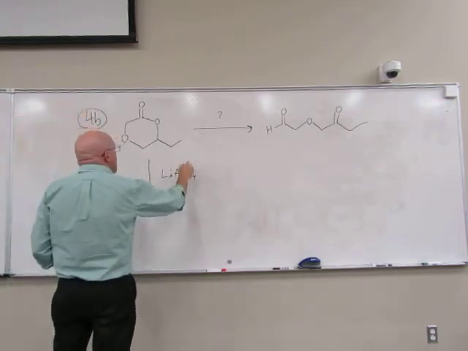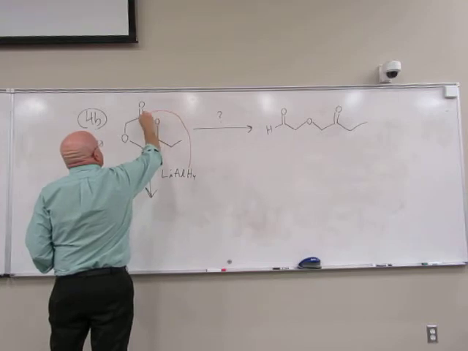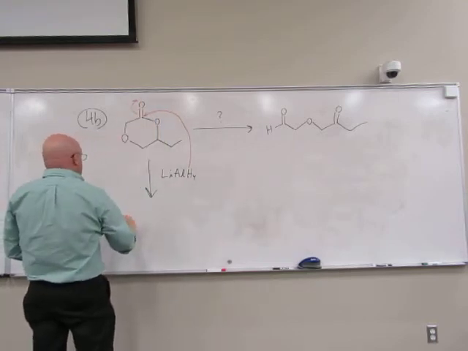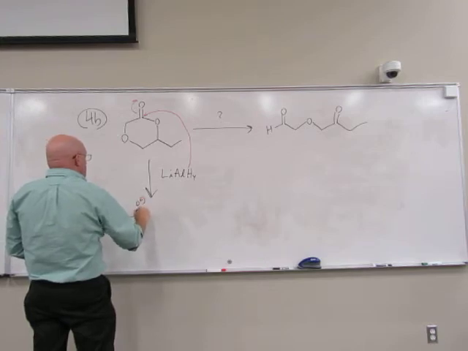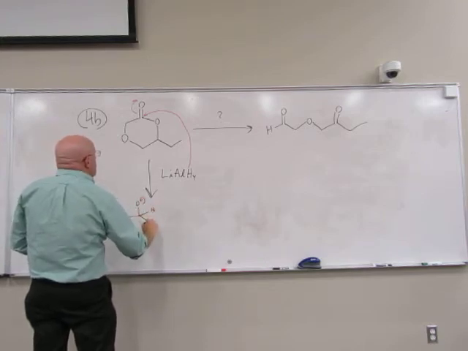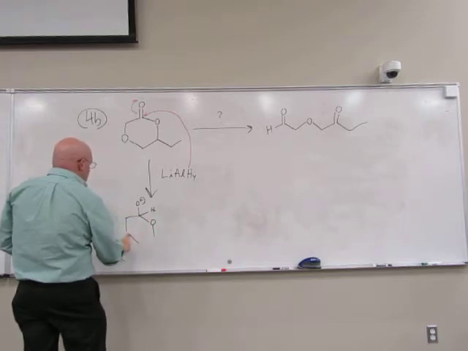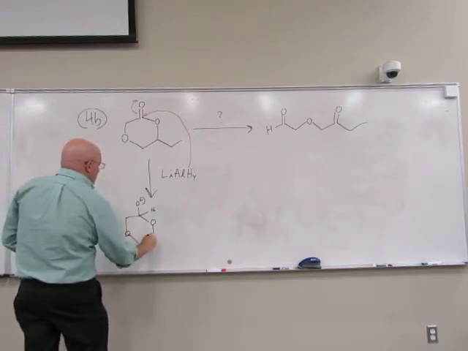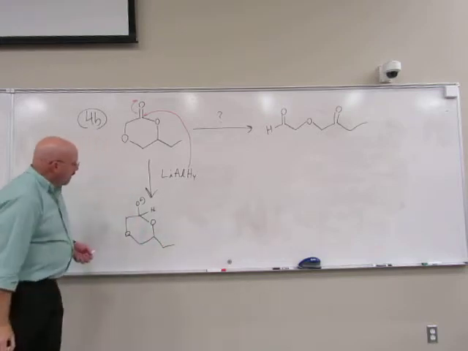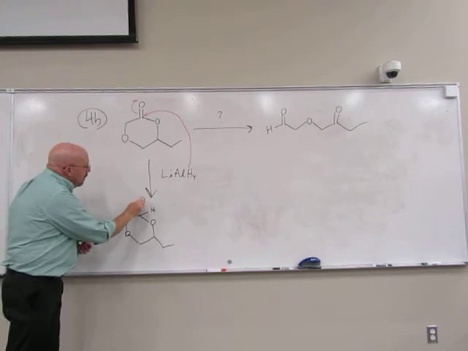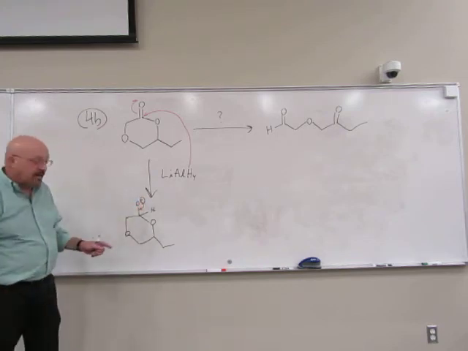You can kind of work through that. So let's transfer a hydride in and see what we get. We kick the electrons up. Now, anytime we kick electrons up onto the oxygen, we always need to look and see, can they kick back in and reform the carbonyl if you have a leaving group.